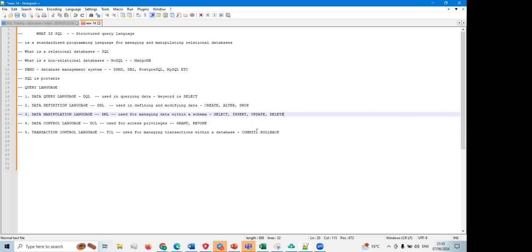You don't also have any business with committing and rollback. Those are for the data administrator or front user people who are dealing with general transactions on the database.